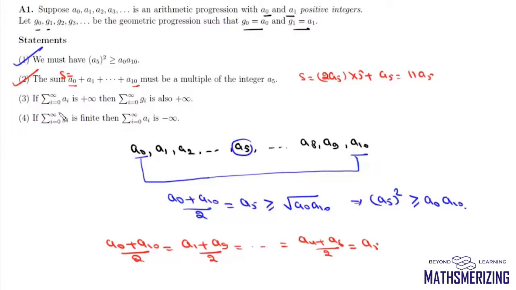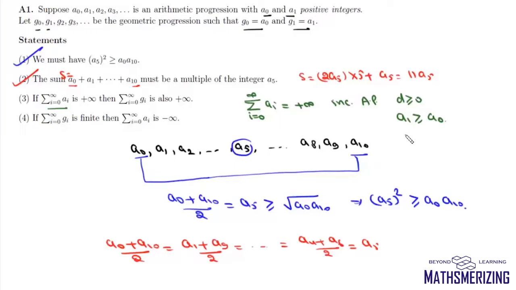Now this third one is the sum of infinite terms of this AP, that is summation i varies from 0 to infinity of Ai, it is plus infinity. It simply means that it is an increasing AP with common difference greater than or equal to 0. So basically A1 will be greater than or equal to A0.